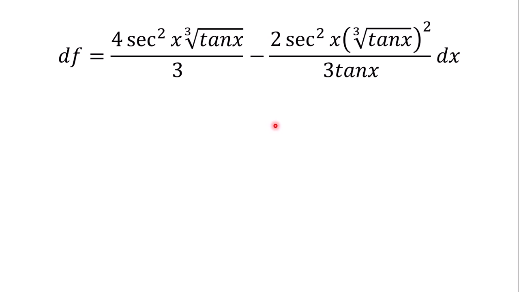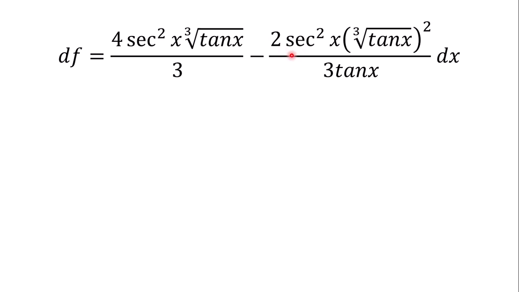Okay, so now we can go ahead and write this as a single fraction. So let's look at the LCM. Here is 3, and here is 3 tangent x. So we only need tangent x here to make the denominators the same. We can do this in 2 ways: by multiplying top and down of this fraction by tangent x, so that here will be 3 tangent x and the denominators will be the same.